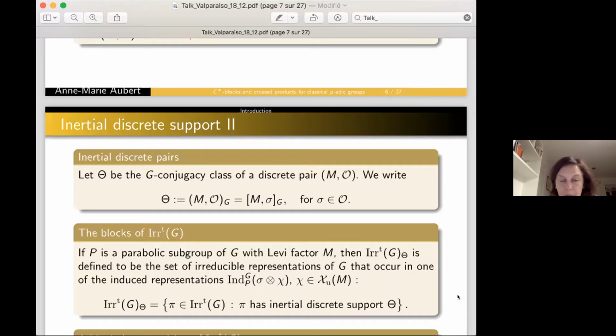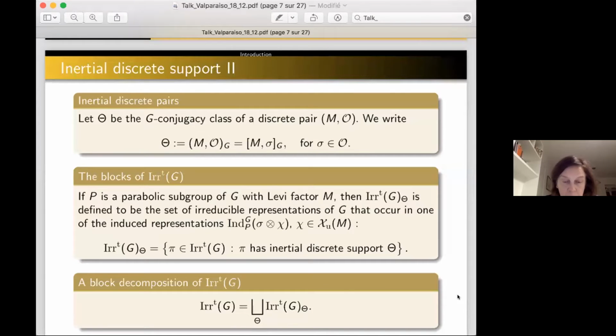If you start with P, a parabolic subgroup of G with Levi M, then you will denote by T_G(theta), the block defined by theta, the set of irreducible representations of G that occur in a parabolically induced representation from a twist of sigma, where sigma is a representation of M which belongs to the orbit O. We will say that the block defined by theta is the set of irreducible tempered representations which have inertial discrete support theta. And this gives a decomposition of the tempered dual attached to this component.